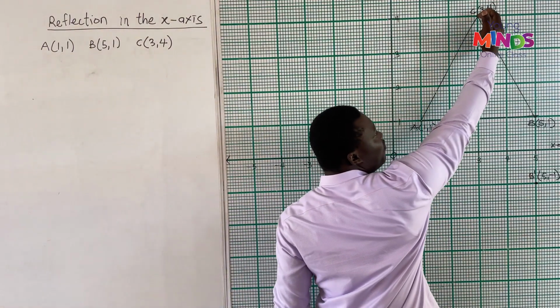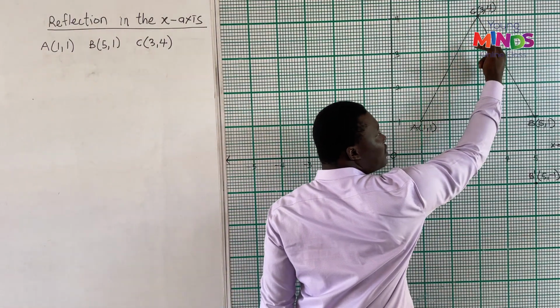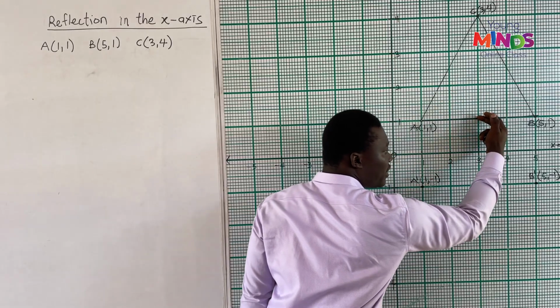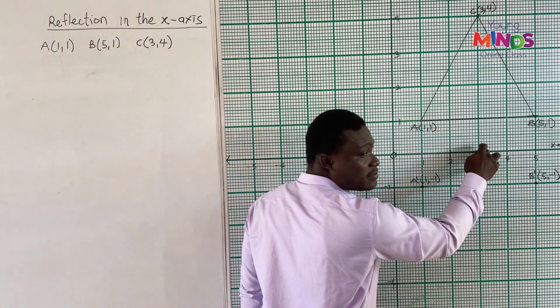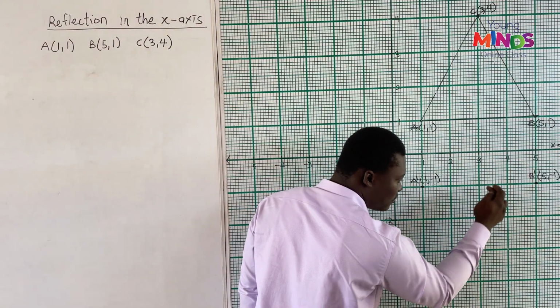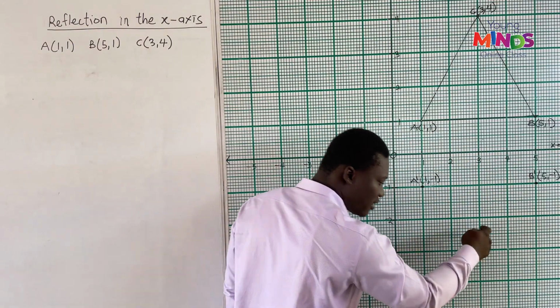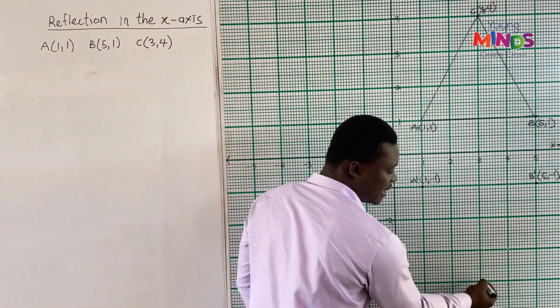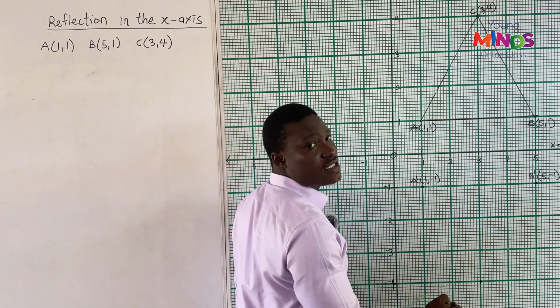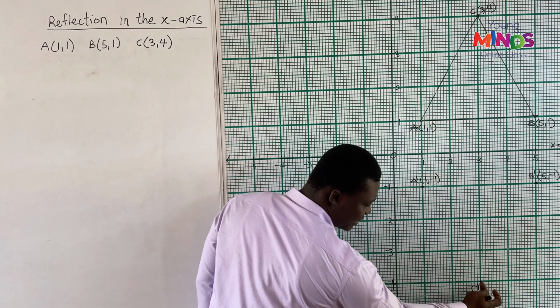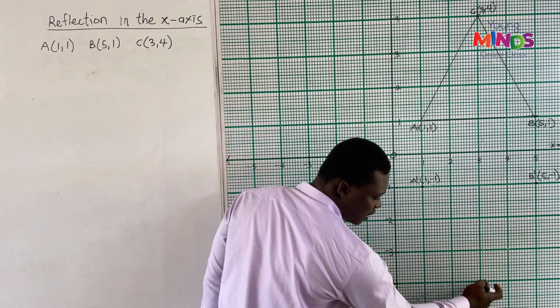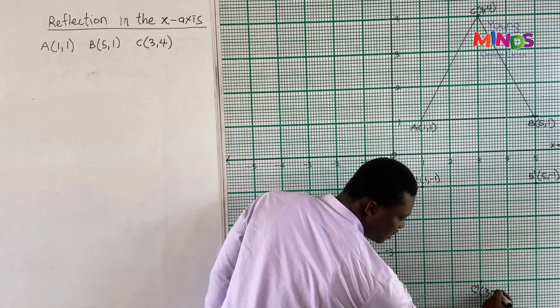Now let us go to point C. When I stand on point C, how many steps do we move? 1, 2, 3, 4. So from the mirror line, we move 4 steps downwards, 1, 2, 3, 4, to get the image of point C. To be C1, 3 on the x-axis, -4 on the y-axis. So (3, -4).